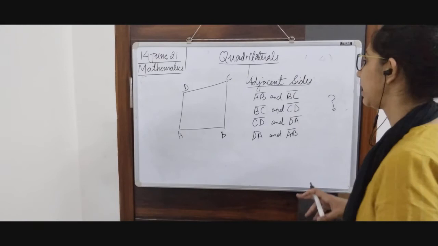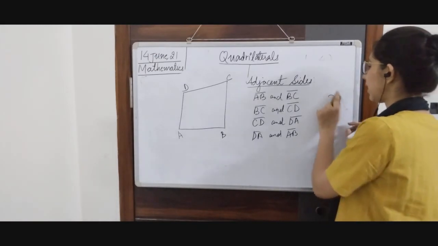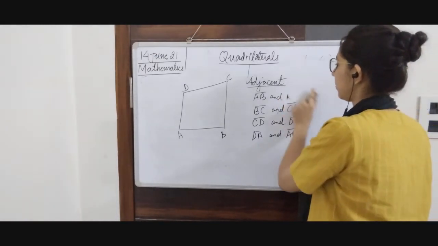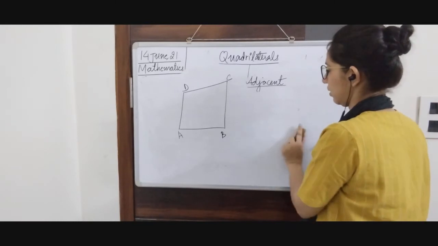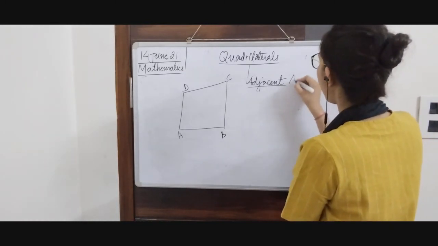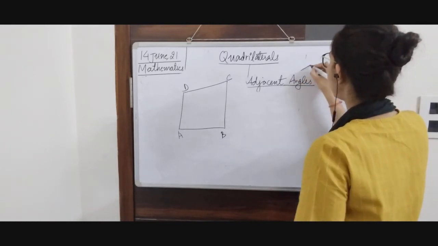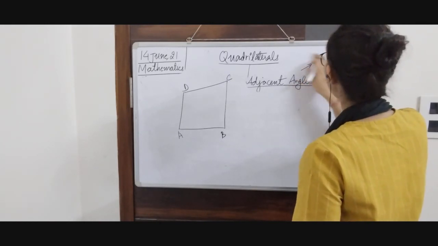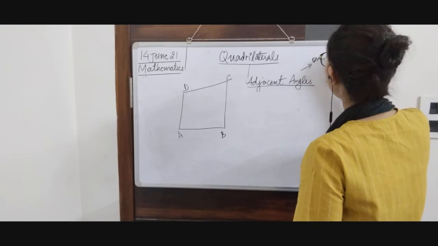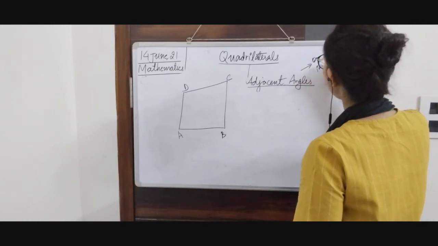Now we are going to write adjacent angles. Adjacent angles are the angles which have one ray in common.